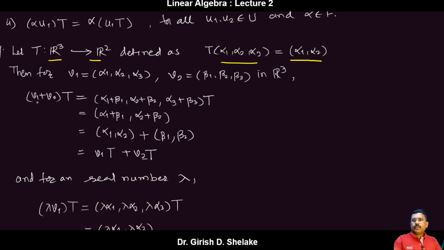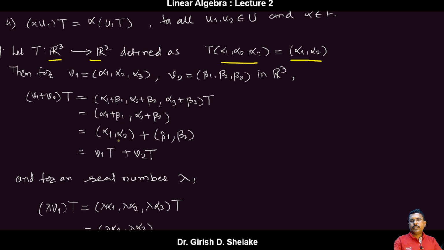we operate t on v1 plus v2. The addition of two vectors in R3 gives us alpha 1 plus beta 1 as the first component, alpha 2 plus beta 2 as the second component, and alpha 3 plus beta 3 as the third component. When we operate it by t, by definition it will give the ordered pair with first component alpha 1 plus beta 1 and second one alpha 2 plus beta 2.